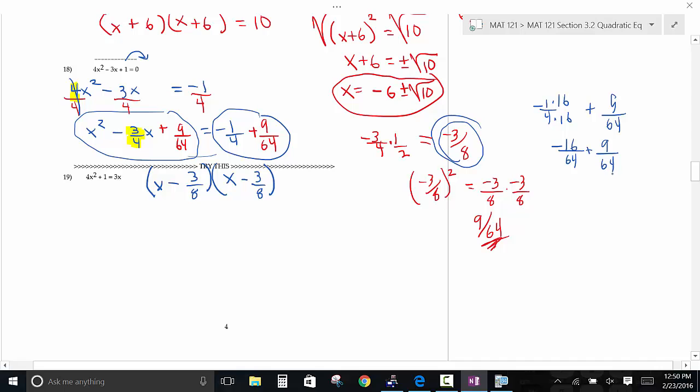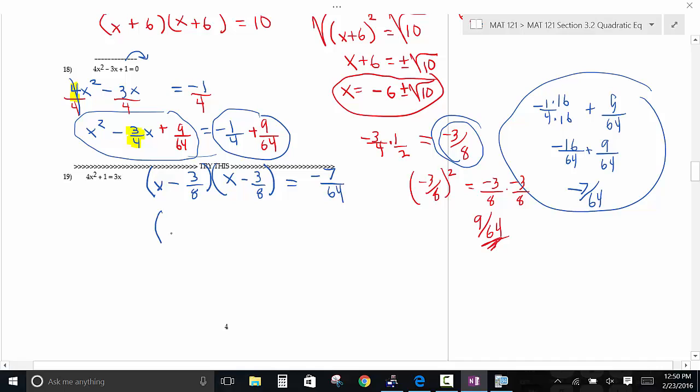You got to do fraction arithmetic and deal with common denominators. So that will work out to be negative 7 over 64. Now I'm going to go back to the problem and put that in like that. Does the fraction arithmetic look okay? You're always going to have to probably get a common denominator and put them together. But again, no decimals.